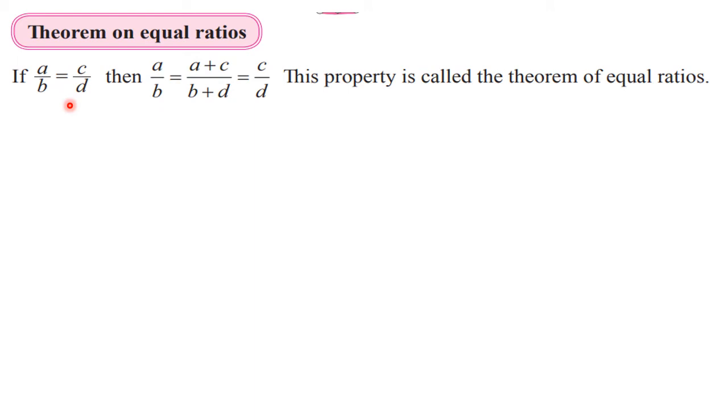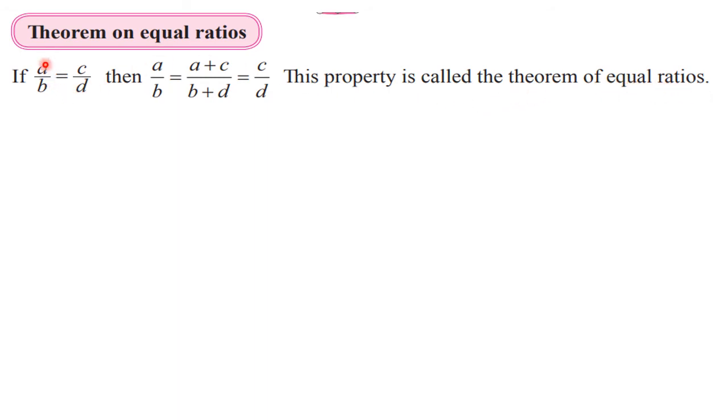So when these two equal ratios are there, then according to this theorem, we can add all the numerators in numerator and denominators in denominator. And the ratio obtained, or the new ratio, is equal to the original ratios. This property is called as what? Theorem on equal ratios.